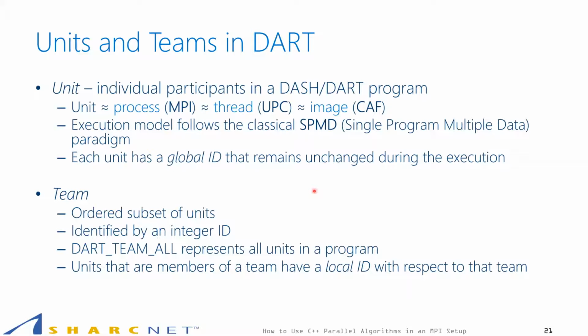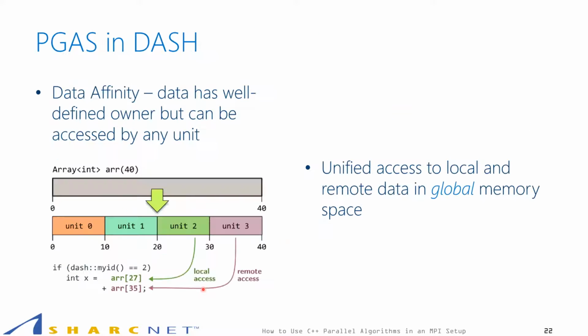Execution model follows the classical SPMD paradigm, and each unit has a global ID that remains unchanged during the execution. Teams, on the other hand, are ordered subsets of units identified by an integer ID, and the DART team all represents all units in a program. Units that are members of a team have a local ID with respect to that team.